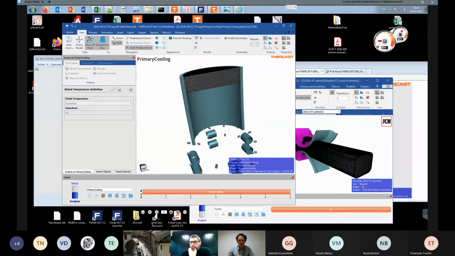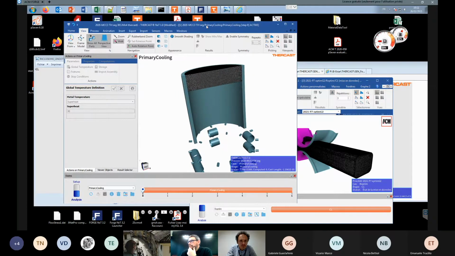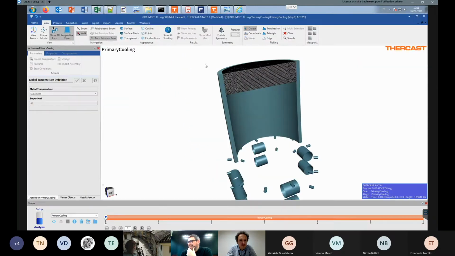So if you see the screen, it's a bit messy, but no problem. I wasn't prepared to do this, so I didn't clean up the desktop.